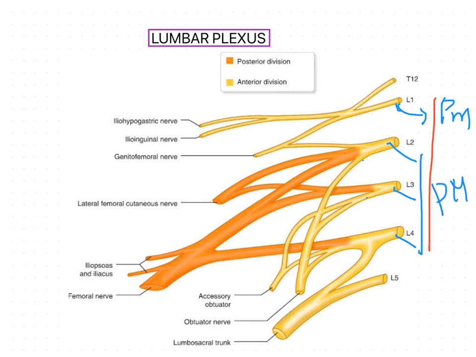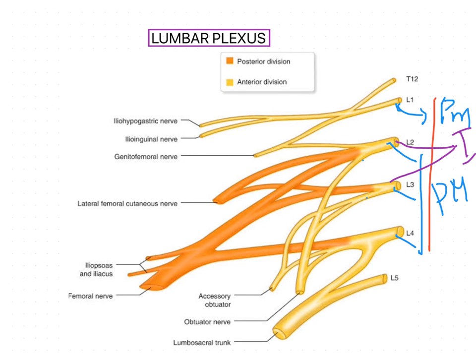For the iliacus, the nerve roots giving branches are only L2 and L3. L2 and L3 give branches to the iliacus.